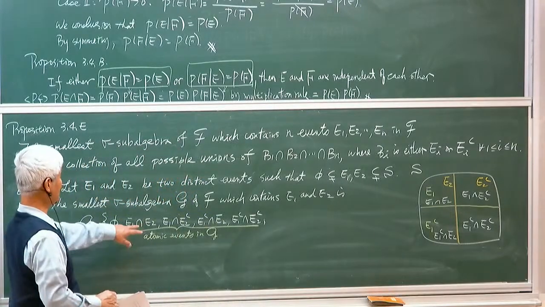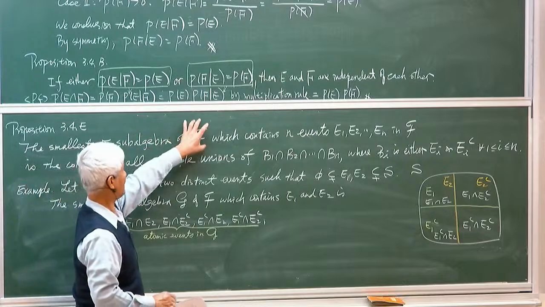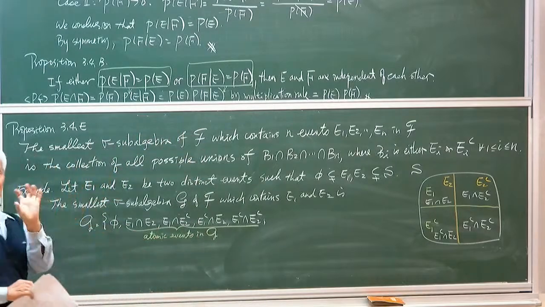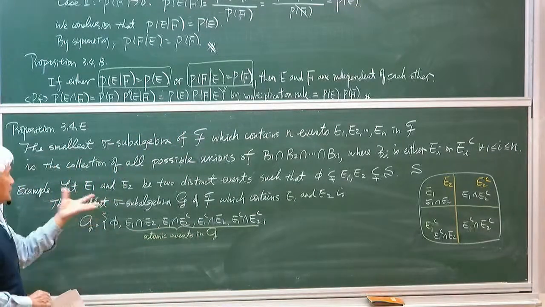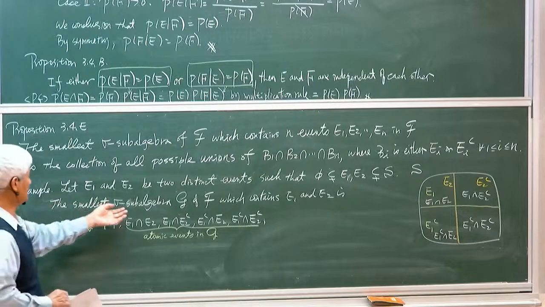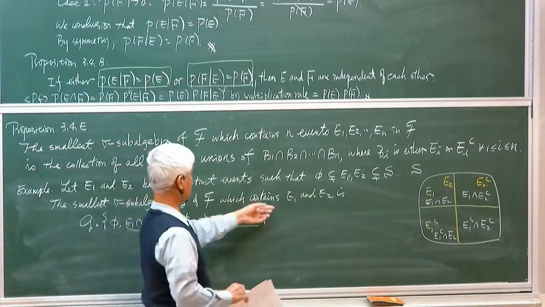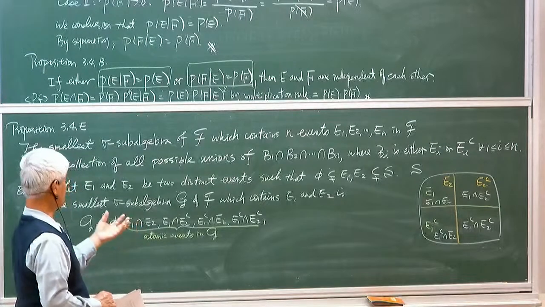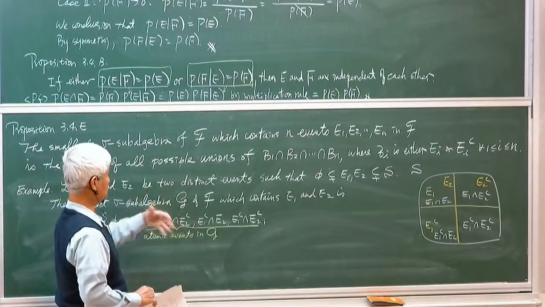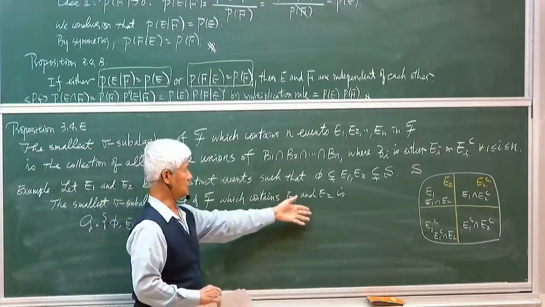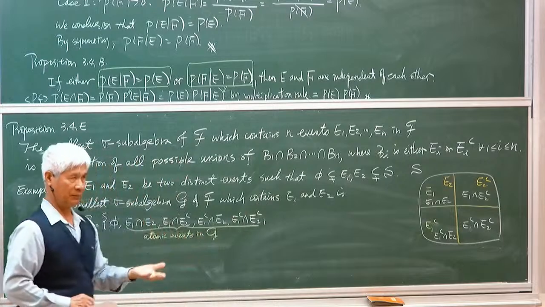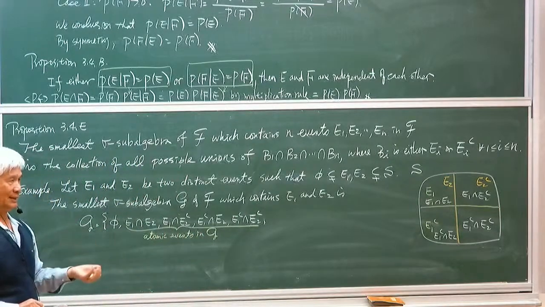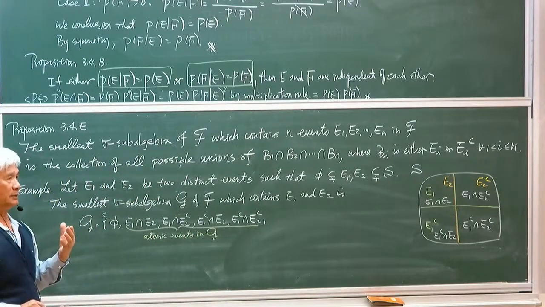There may not be atomic events in F, but for G, because G is the smallest sub-algebra containing E1 and E2, any member in G should be generated by E1 and E2 by doing the complement, the intersection, and the union.